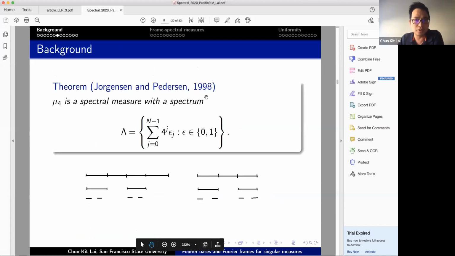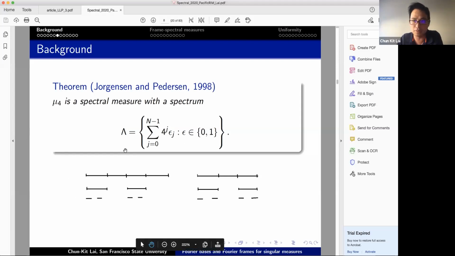What Jorgensen and Pedersen found is that the middle fourth Cantor set with this measure is a spectral measure, and the spectrum is a sparse set, a Fourier expansion with digits 0, 1 in all the frequencies. So this was the major advance.